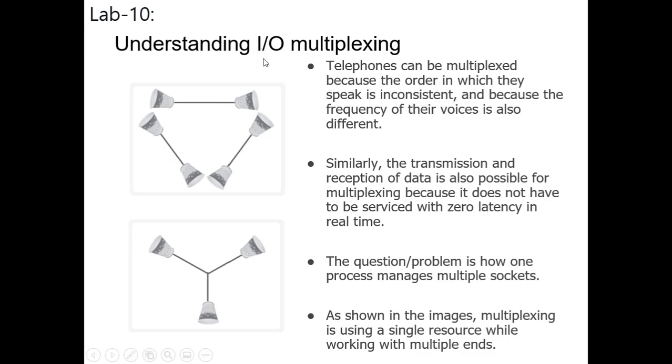That would be made possible by I/O multiplexing, where we would use a single resource to support multiple ends, meaning we would be able to support multiple clients by neglecting small insignificant delays that we cause by making clients wait for each other in exchanging messages, which would not be noticeable, as it would be in milliseconds.